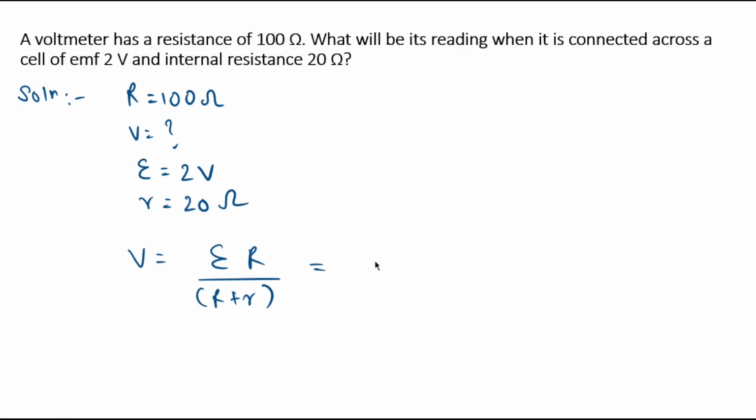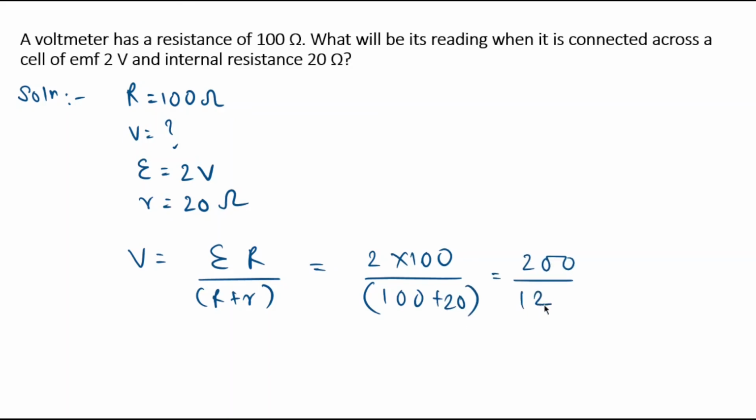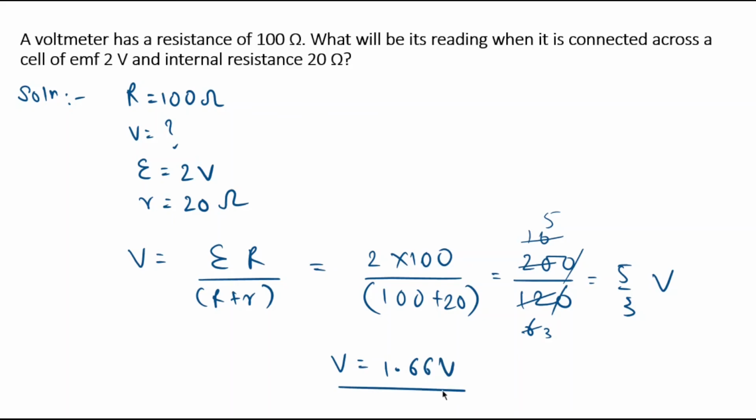So let's put the values: 2 into 100 divided by 100 plus 20. So this will give you 200 by 120. Cancelling the zeros, we get 5 by 3 volts. To write it more precisely, we will get V equal to 1.66 volts.